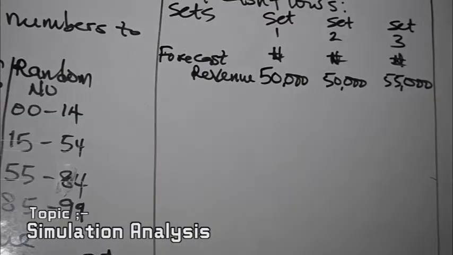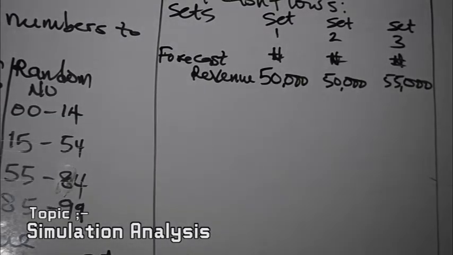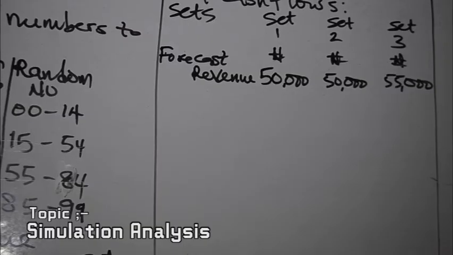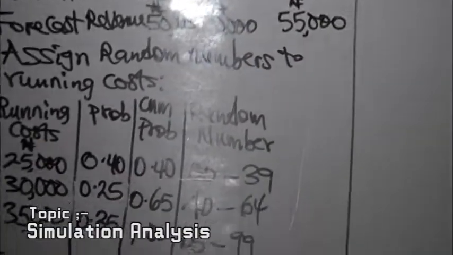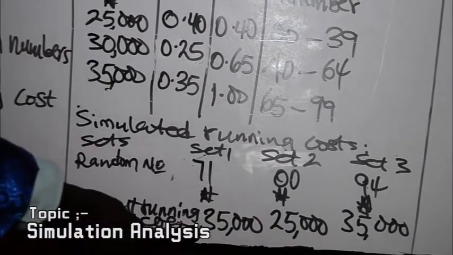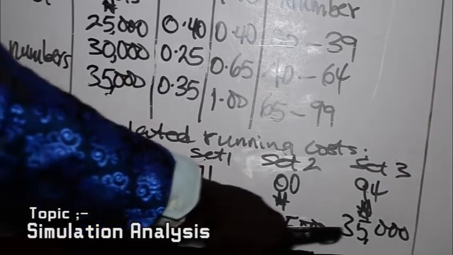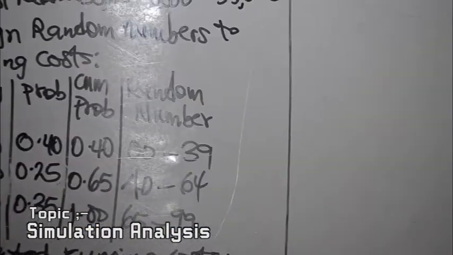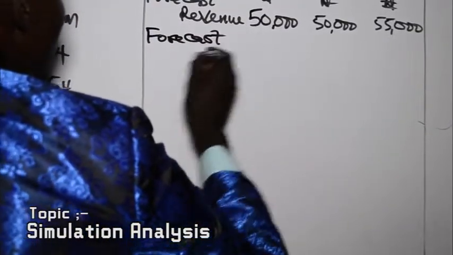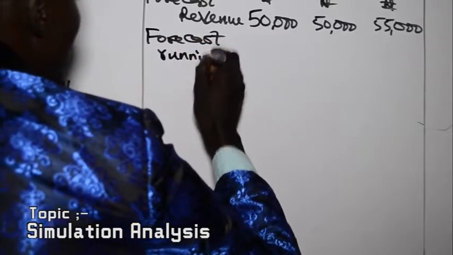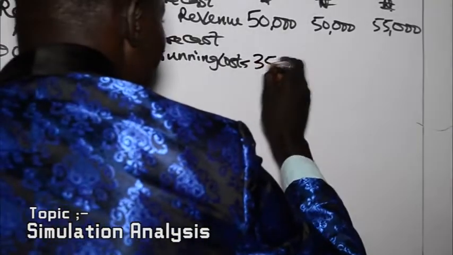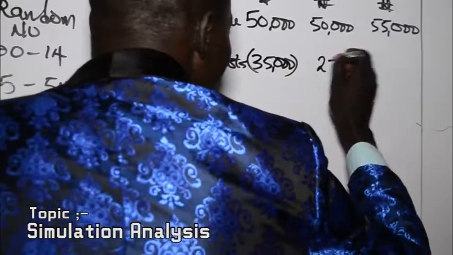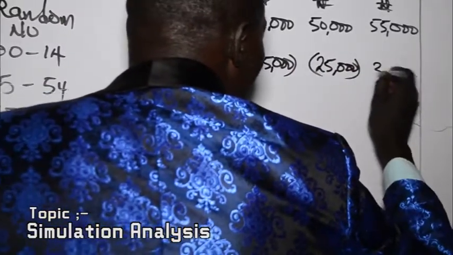The next thing is the forecast running cost. Our forecast running cost is 35,000 naira, 25,000 naira, and 35,000 naira.